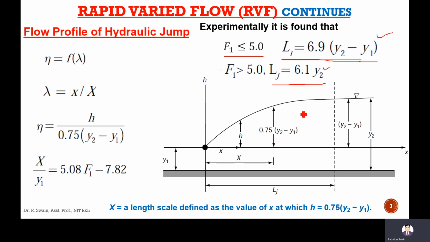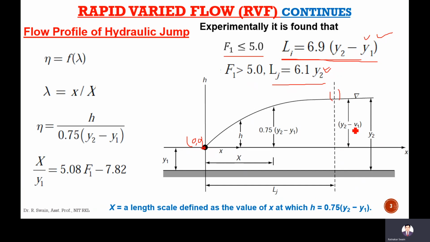Here is the profile. The starting point is known: the horizontal distance is 0 and the vertical distance is 0, so the coordinate is (0, 0). Let x be the horizontal distance and h the vertical distance, that is the depth. The last coordinate is also known: Lj. From the equation we can determine Lj and y2 minus y1.